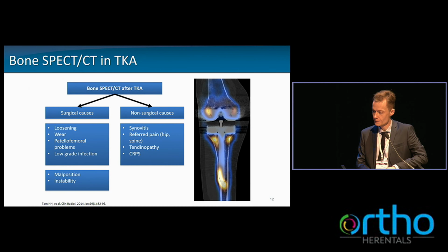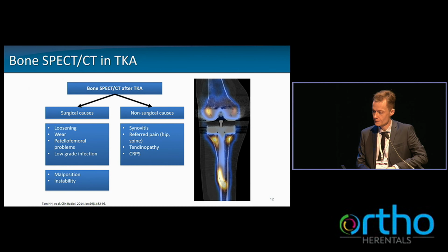So an example of how linking bone biomechanics with bone turnover can provide additional information. Shown here is the SPECT-CT study, which probably would just be read as positive for patellofemoral problems if we do not consider the biomechanics any further.